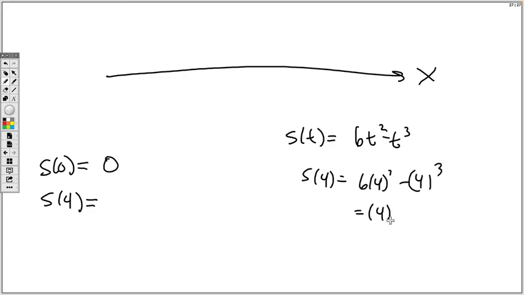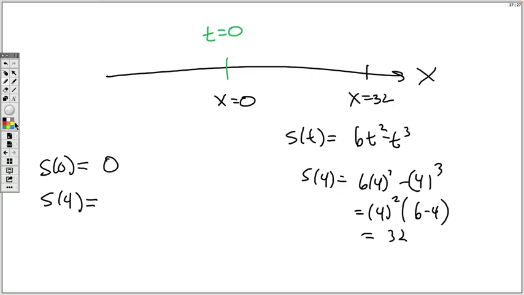Once again, it's early, so let's factor this out. 32. So the thing starts at x equals 0 when t equals 0. And then it moves over to x equals 32 when t equals 4.